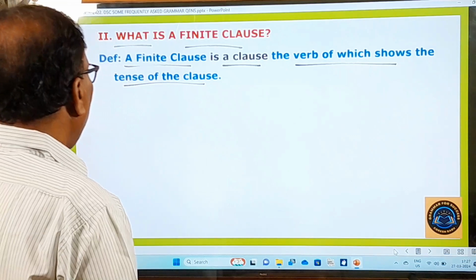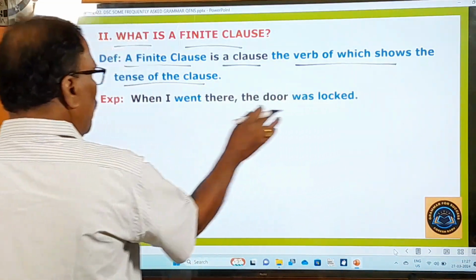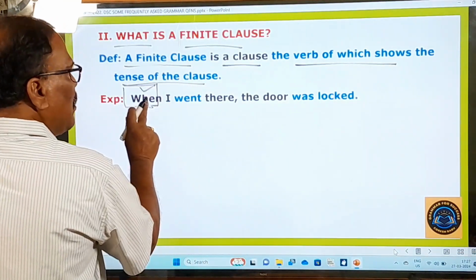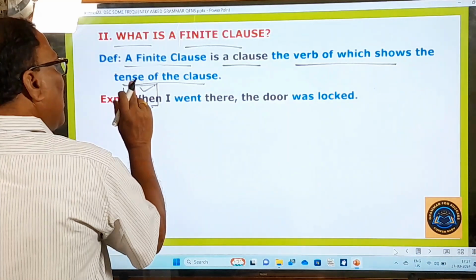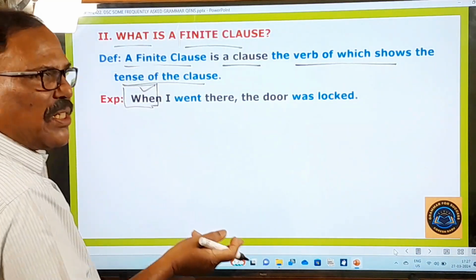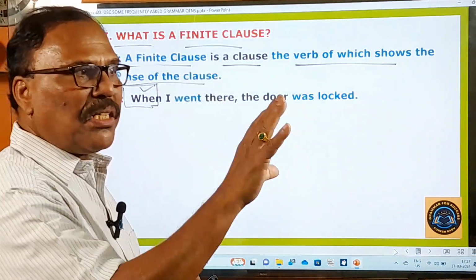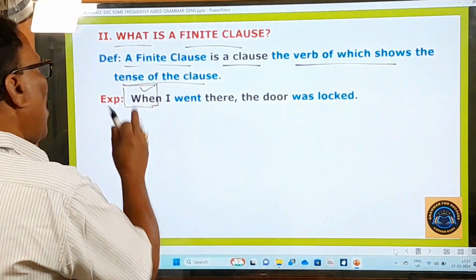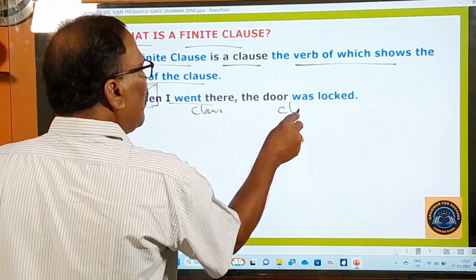So here you pay attention. "When I went there, the door was locked." This is a complex sentence, because in this sentence "when" is used, and these two statements are joined by this conjunction. "When" is a subordinating conjunction. All these things you know very well, because I have already told you that clauses can be found only in complex and compound sentences. So it's a complex sentence, and one clause is here and another clause is there.